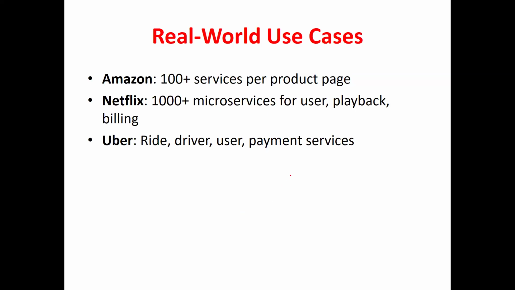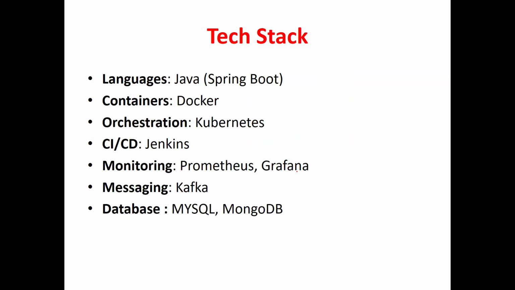If you take our tech stack, we are using Spring Boot for the project, and for deployment we are using Docker and Kubernetes. For CI/CD pipeline we are using Jenkins. And to monitor your microservices, we are using Prometheus and Grafana.